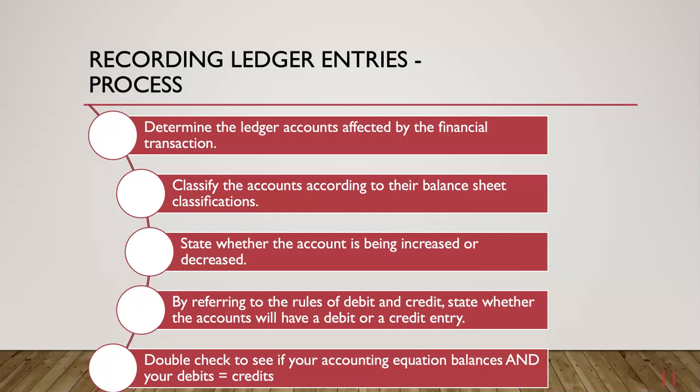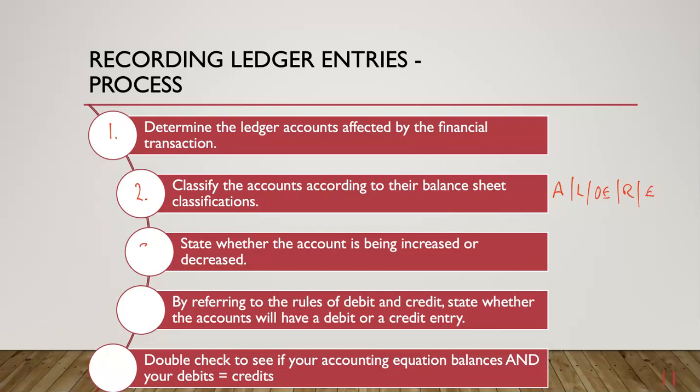When you see a transaction now, step 1 is to determine the ledger accounts affected by the financial transaction. What accounts are impacted? Nothing new. Part 2, you're going to classify the accounts according to their balance sheet. Is it an asset, a liability, owner's equity, revenue, or expense?